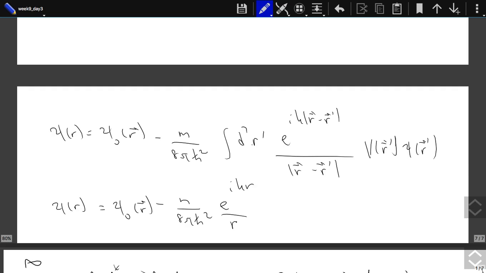This is my outgoing wave solution. Integral d cubed r prime e to the power minus i k prime dot r prime v of r prime psi of r prime.